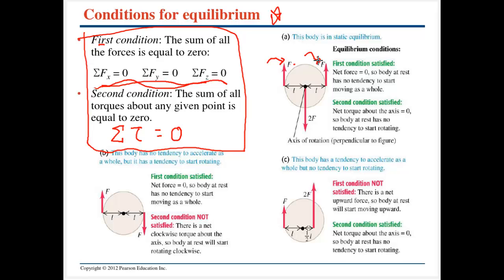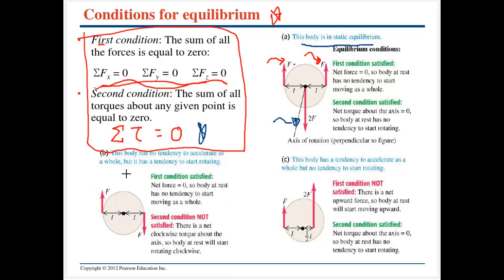This force is going to produce a torque of equal magnitude, F multiplied by L. However, it's in the positive direction, so those torques are going to sum up to be zero. So we do meet this criteria as well. Therefore, this body is in static equilibrium. Forgot to mention, but this force acts at the point of rotation, so it causes no torque at all.